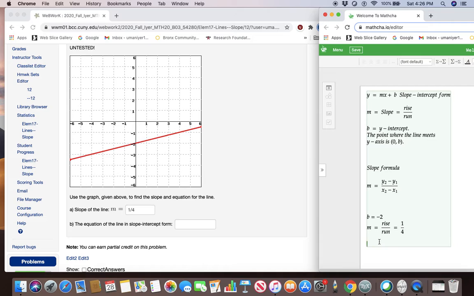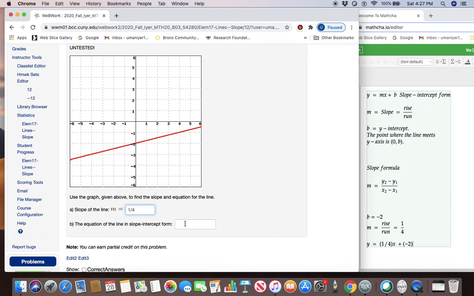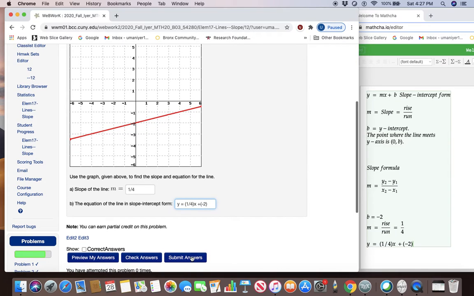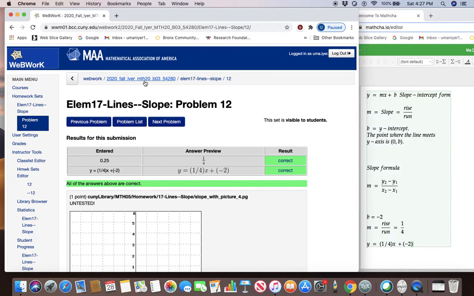Equation of the line is y equals mx plus b. So y equals 1/4 x plus negative 2. That's my b, right? All right.